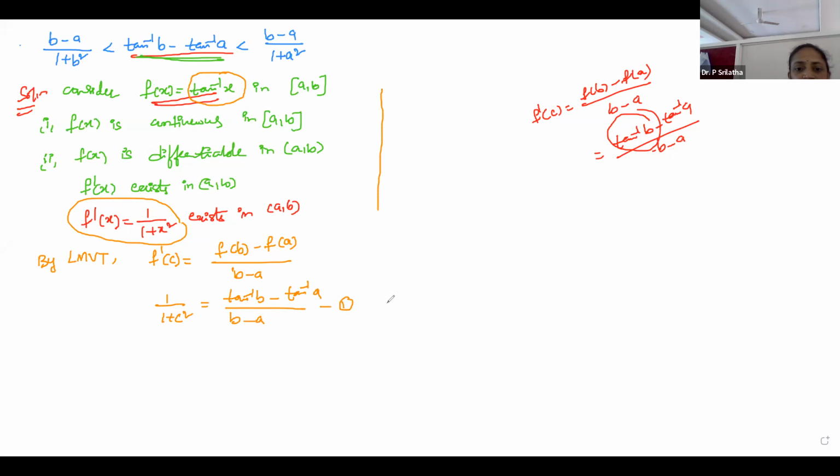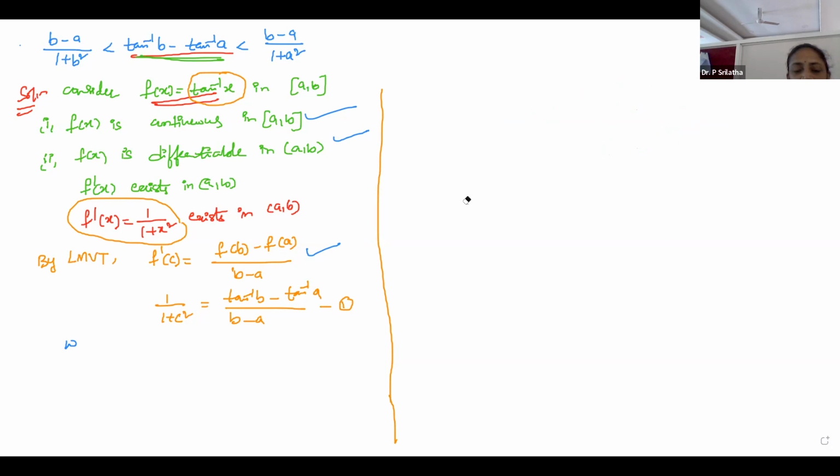So it satisfies all the conditions of Lagrange's mean value theorem: it is continuous, it is differentiable, and f dash of c equals f of b minus f of a divided by b minus a. And one more condition is there. What is that leftover condition? There is one more condition, isn't there?